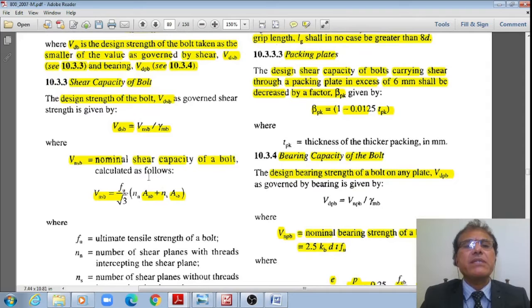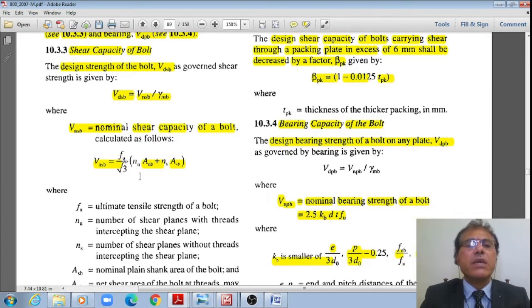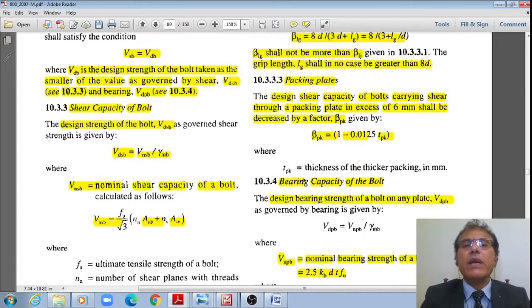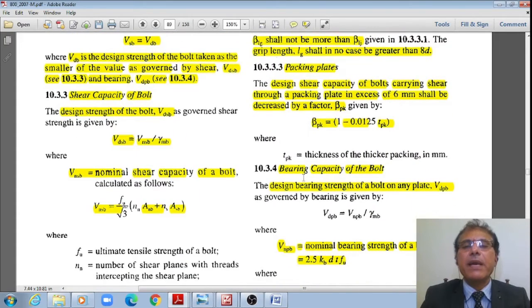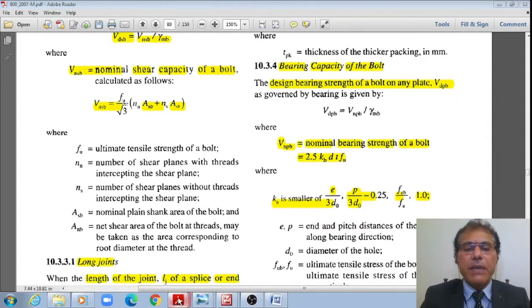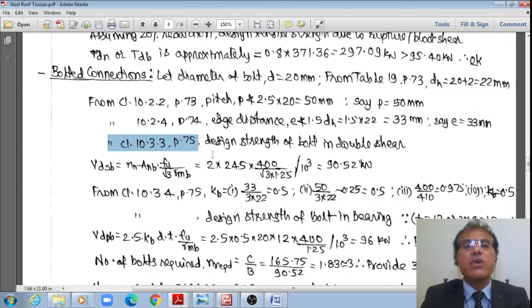The design shear capacity of the bolt VDSB is equal to VNSB divided by gamma mb, where VNSB is the nominal shear capacity of the bolts, given by FU divided by root 3 times (nn Anb plus ns Asb). I don't have the ns Asb term here, and I don't require any correction for the packing plate or other corrections. Now let me calculate using this formula.